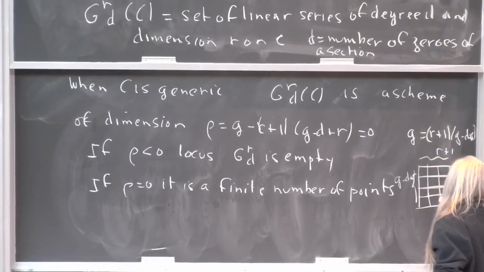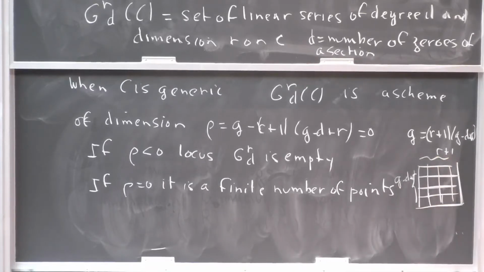There are going to be g spots in that rectangle. We fill these spots with the numbers between 1 and g in all possible ways, so that both the rows and the columns are in increasing order.